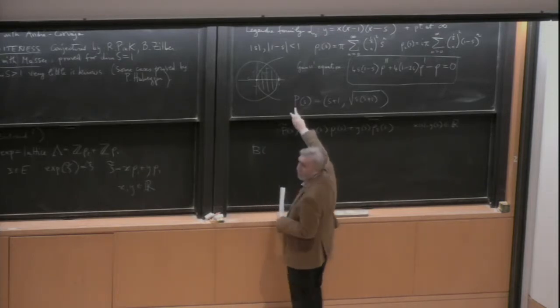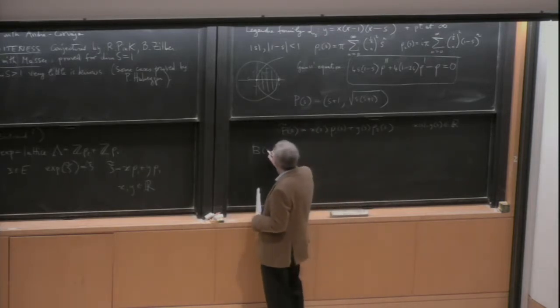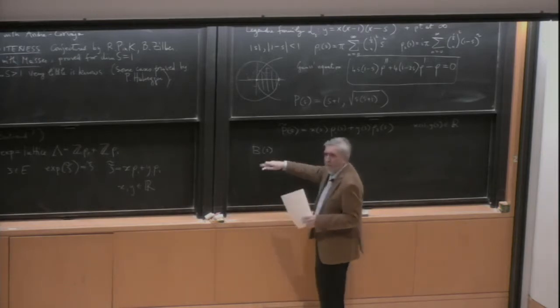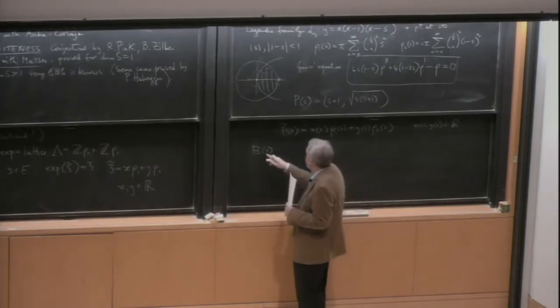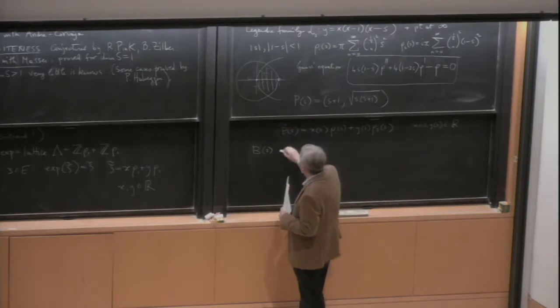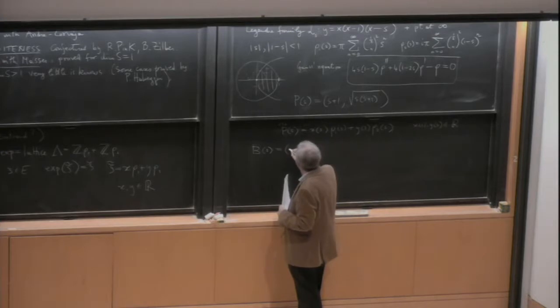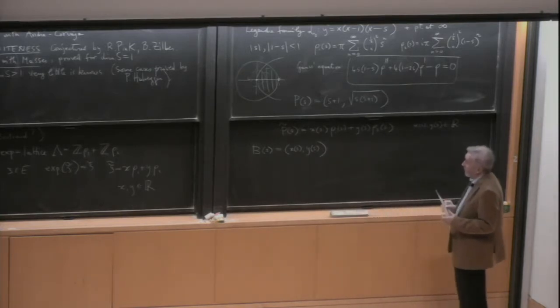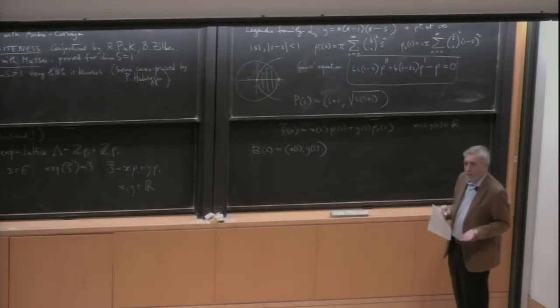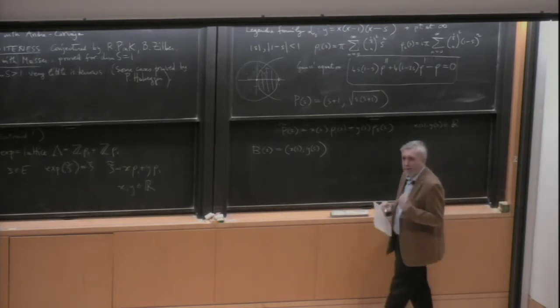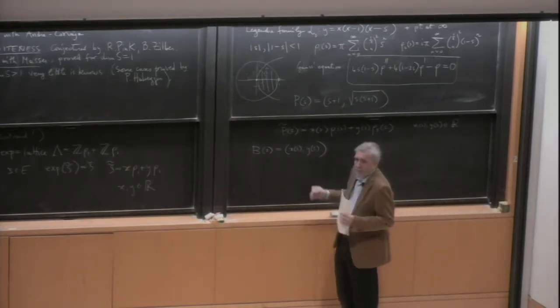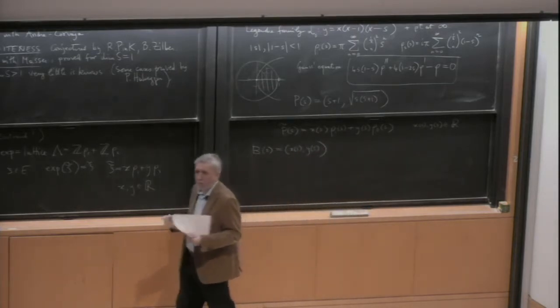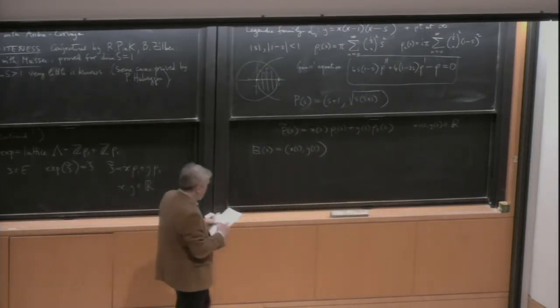It depends on the section, of course, but I omit reference to the section, not to complicate the notation. So when the section is given, when the family of points is given, then the Betti map will be this. It is not uniquely determined, but locally it is uniquely determined up to integers. So we have this map.